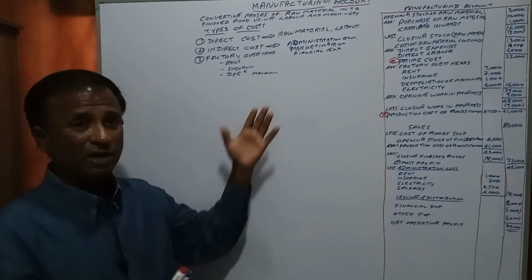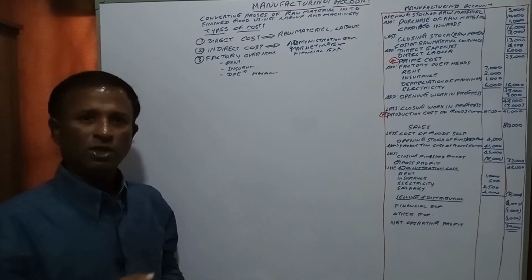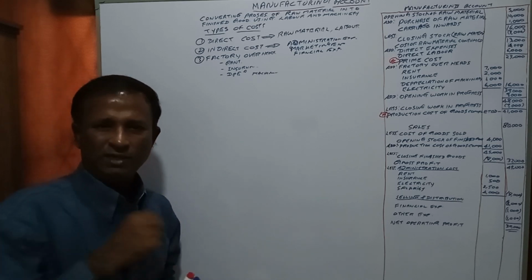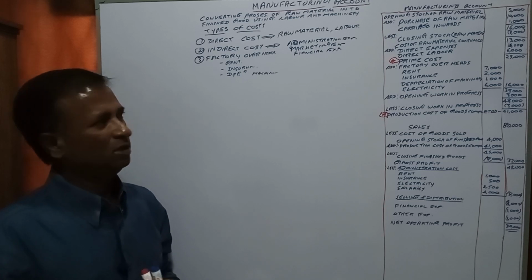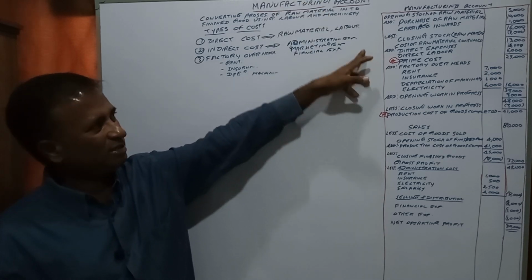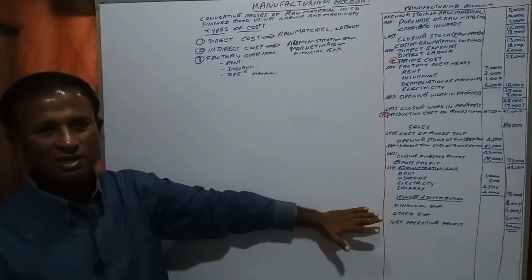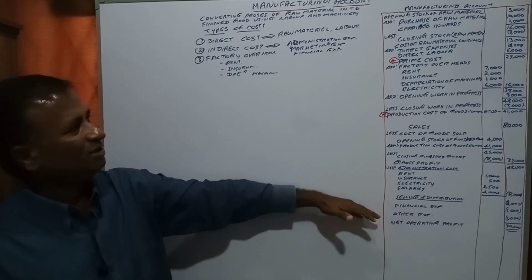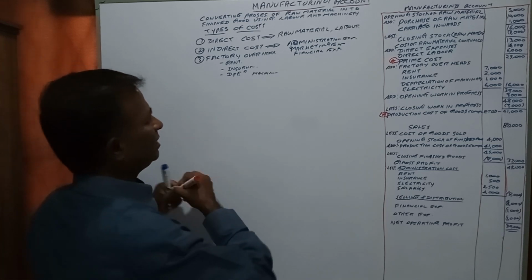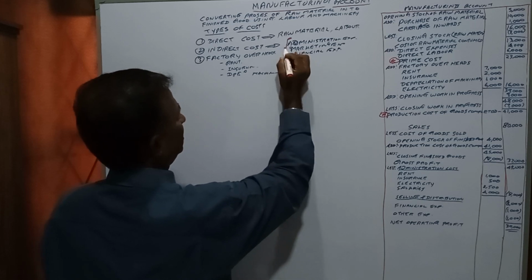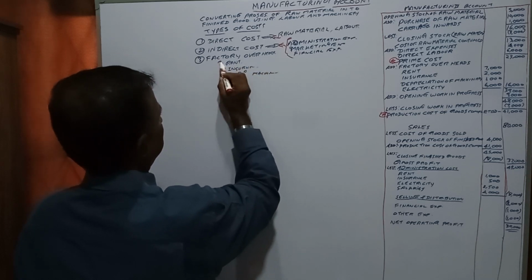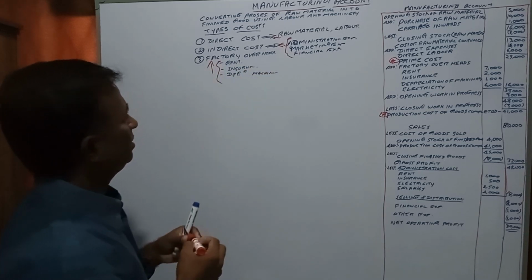If you borrow money from the bank, you have to pay interest expenses. That cannot be charged to production as a direct expense. That has to be charged under finance cost. That is indirect expense. So those categories of expenses are called indirect expenses.